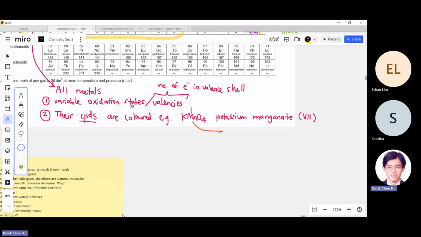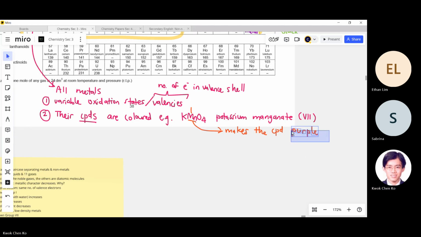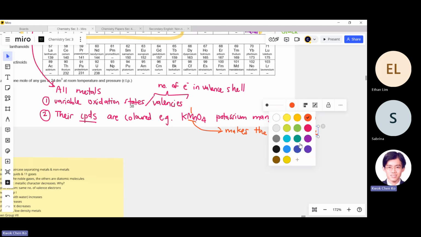This is the one that makes purple. Remember purple. It's the manganese that gives it the color. Not potassium, not oxygen. I repeat, remember purple.